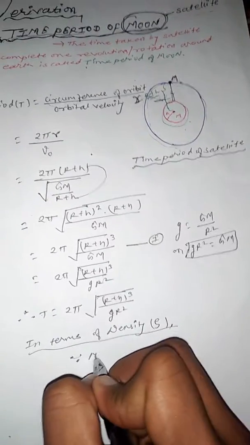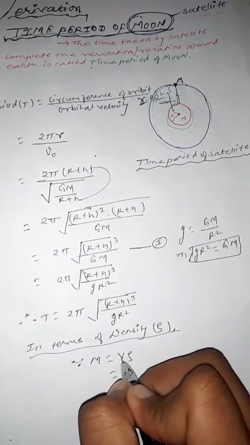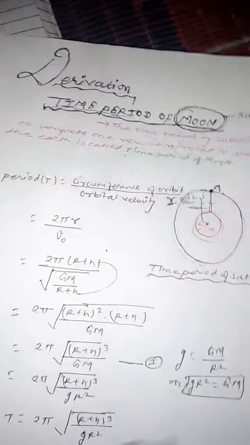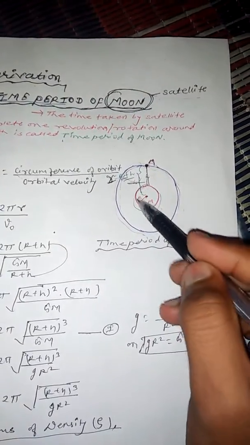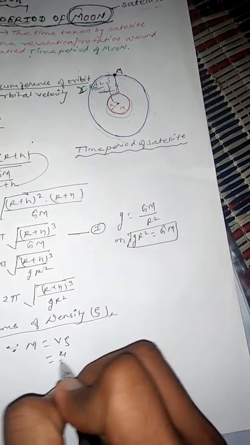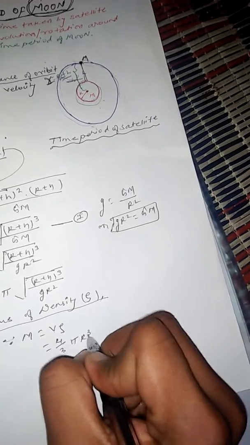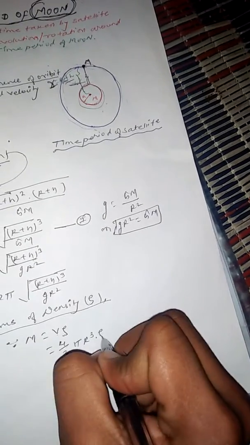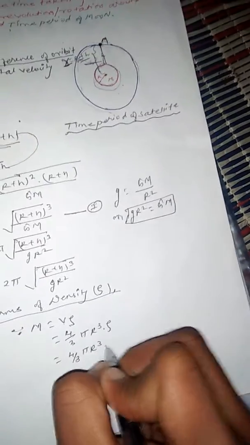Therefore mass m is equal to volume v into rho. We always consider the shape of the earth as a sphere, so volume is 4 by 3 pi r cube, and mass is 4 by 3 pi r cube rho.